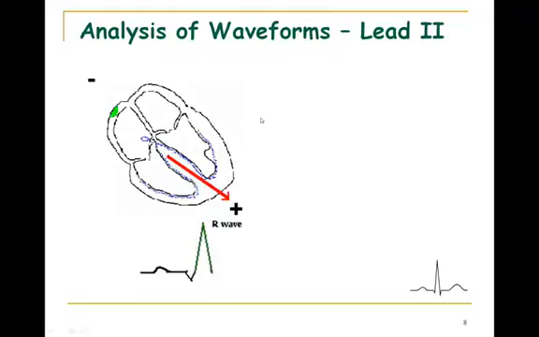That's why it's a downwards deflection. The S wave is not a very large waveform, not a lot of muscle mass, and the vector is running relatively perpendicular to the lead axis also. So overall, the QRS complex represents depolarization of the ventricles. You're just seeing different parts of the ventricles depolarizing.